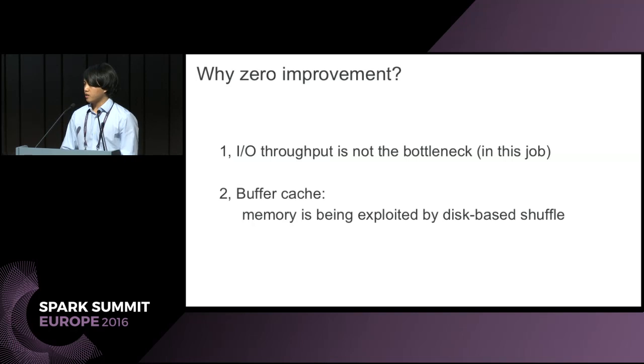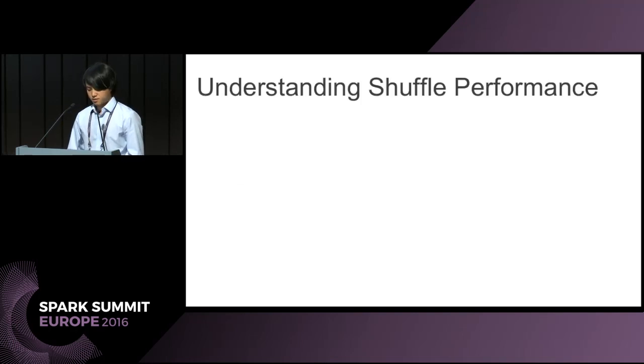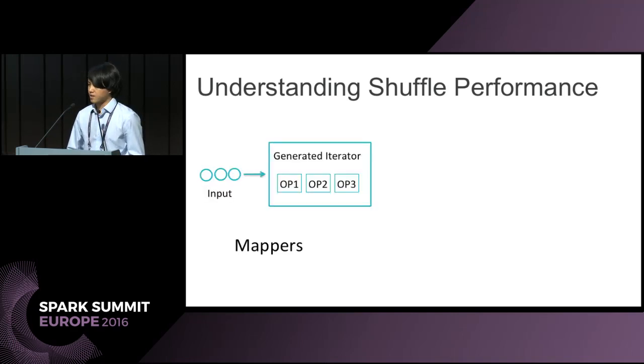So how do we improve this status quo? I want to first dig a little bit into the performance model of what goes on when we run shuffle. On the mapper side, we have a bunch of inputs, and because we already have this powerful code generation in Spark SQL, it collapses all the operations inside one iteration and does the work.